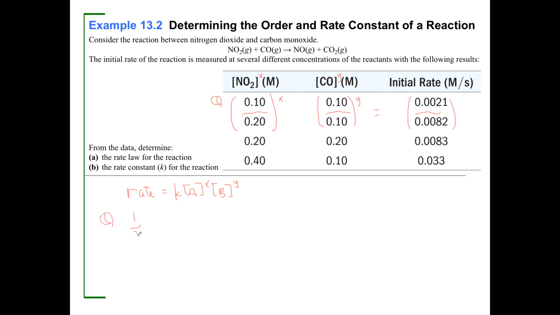This comes out to be 1/2 raised to the X times 1 raised to the Y gives me 1/4. Right? Now, it doesn't matter what Y is because that's just 1. So I can say, aha, 1/2 raised to the x is equal to 1/4. X is equal to 2.